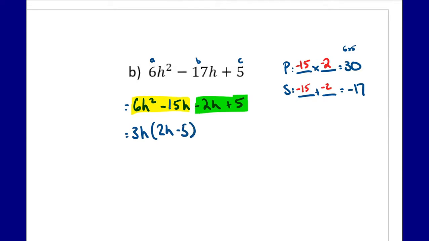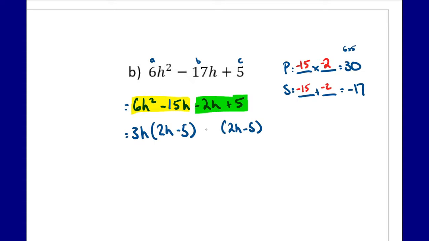In my second bracket, I want to factor something out that gives me the same bracket. In order to get a positive 2h and a negative 5 in my bracket, I can see that all I've done is switch the signs.